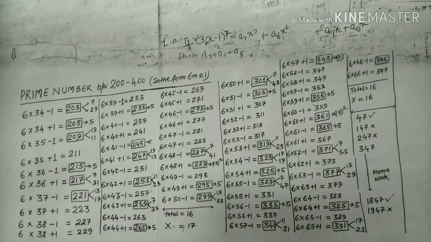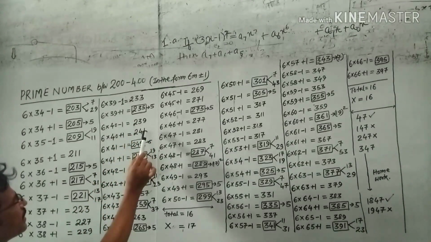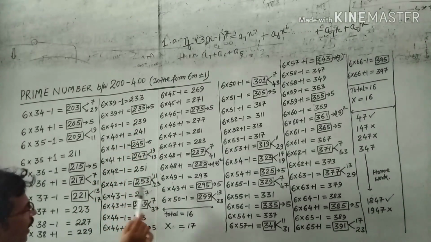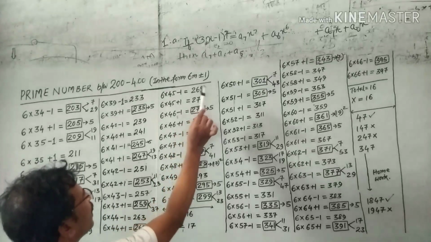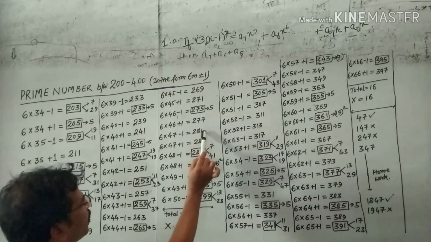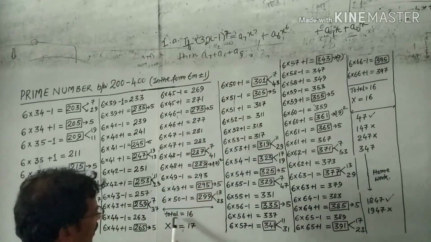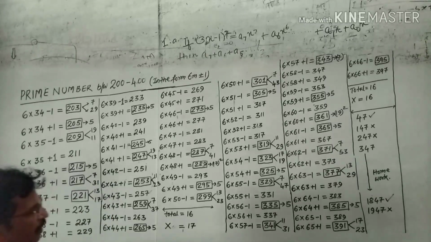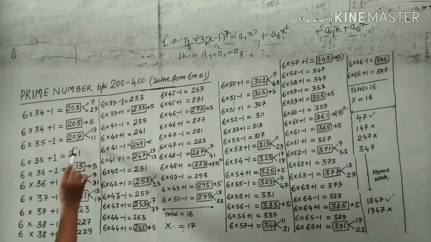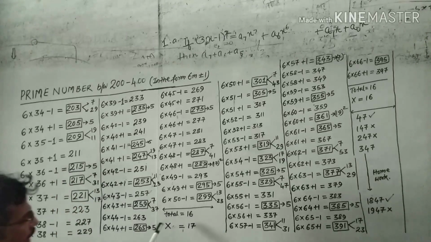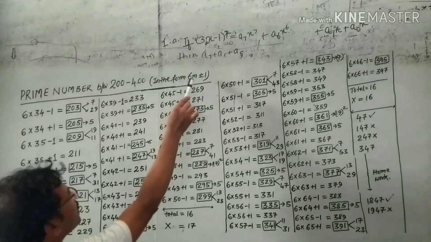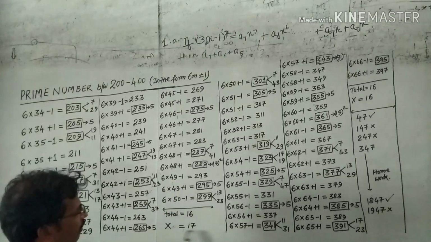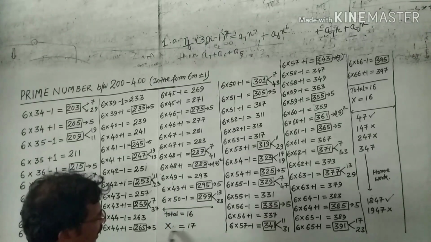So counting again, we get 211 and so on, 1, 2, 3, up to 16. Total 16 numbers are prime numbers between 200 to 300. And those numbers which are in the form 6m plus minus 1 but are not prime numbers, there are only 17 of them.